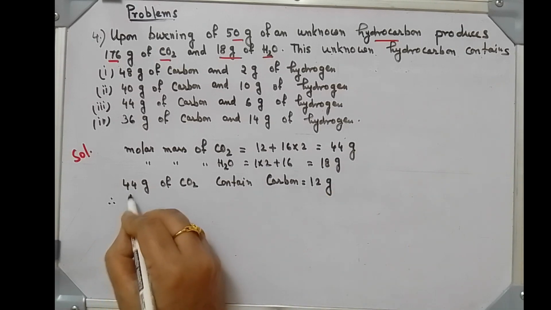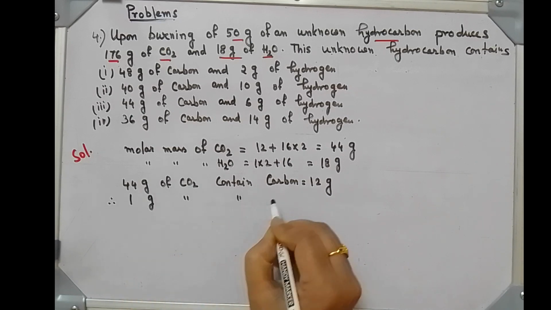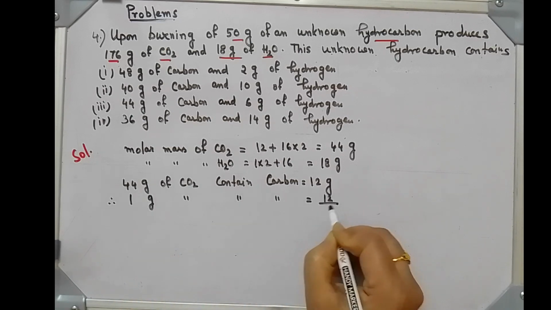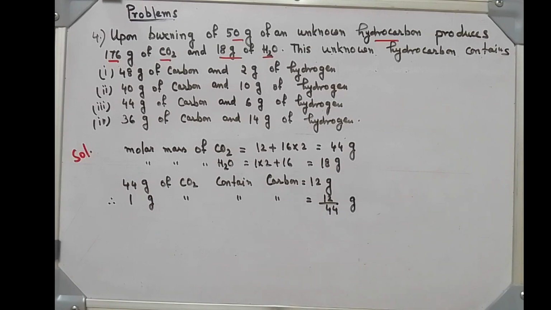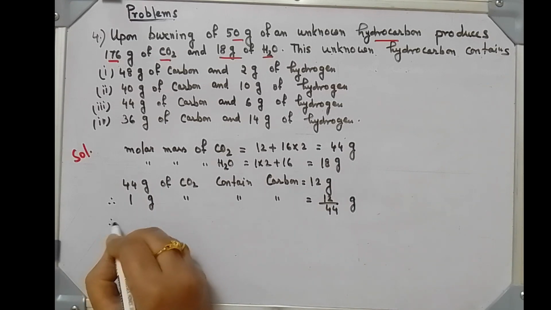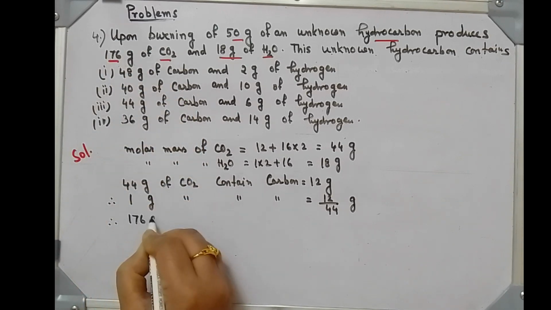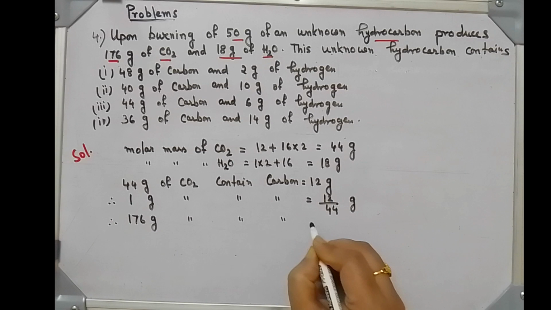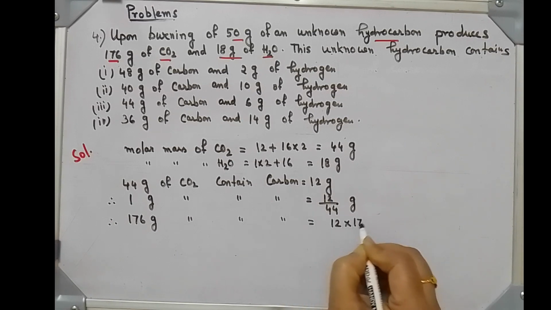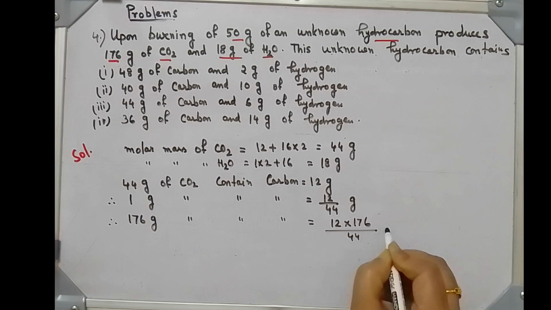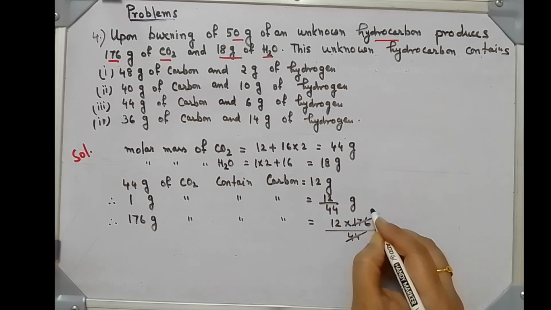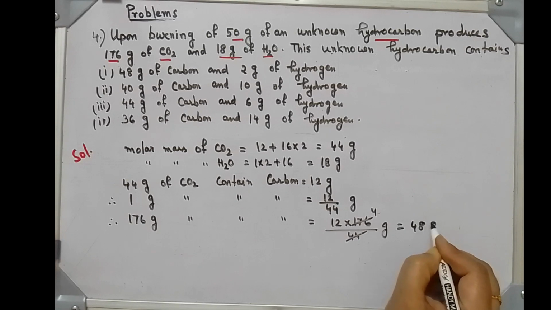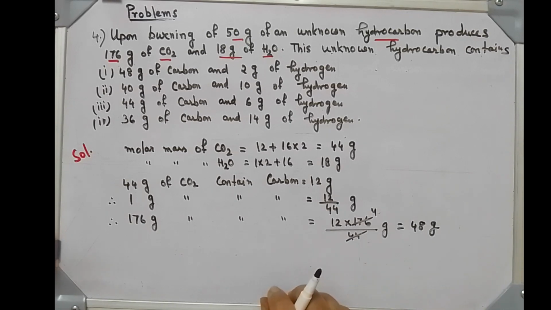Therefore 1 gram carbon dioxide contain carbon this much gram. It is given 176 gram contain, it is coming 48 gram. So unknown hydrocarbon was also having 48 gram of carbon.